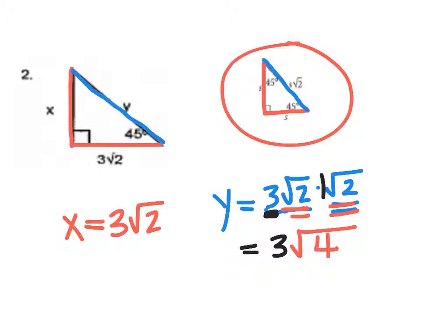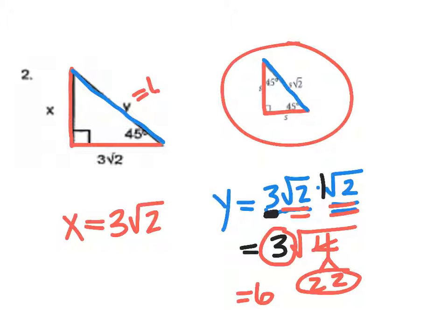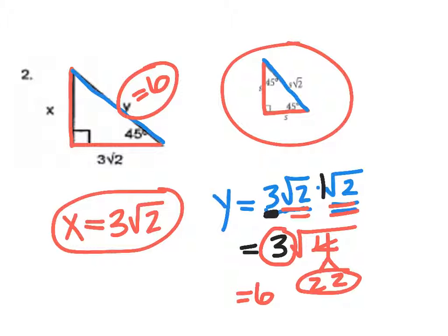Then factor tree or put it in the calculator. The square root of 4 is really 2. The 2's will come out. Nothing will be left inside. 3 is already on the outside. So 3 times 2 is 6. So Y is actually 6. X is 3 square root 2.